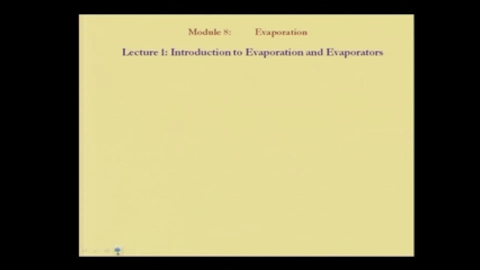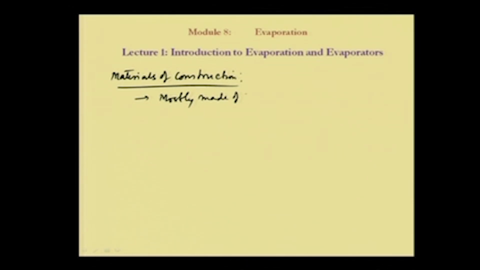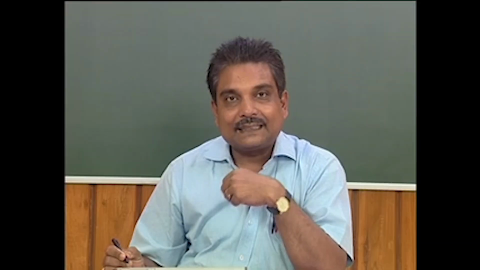Now, come to the next part, which is called the material of construction. What kind of materials of construction should we use in the case of evaporator design? It is usually or mostly made of some kind of steel, just because we know that it is operating at some high temperature and the boiling liquid is there, and on the other side there is steam.